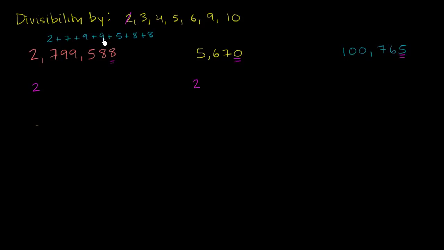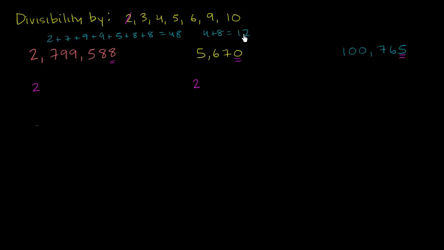Plus 9 is 27. Plus 5 is 32. Plus 8 is 40, plus 8 is 48. And 48 is divisible by 3, but in case you're not sure, you can just add these digits up again. 4 plus 8 is equal to 12, and 12 clearly is divisible by 3.